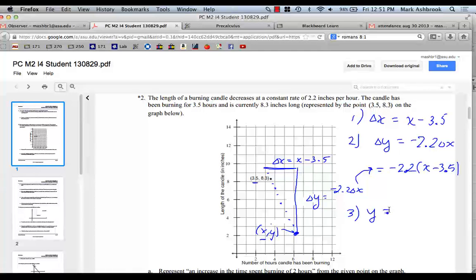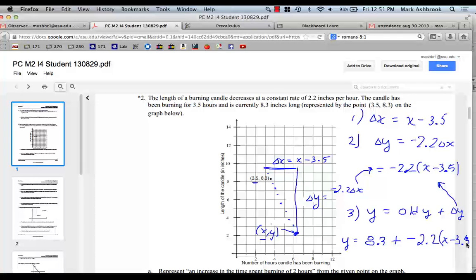The last principle was: writing the equation of the line means we want every y, which is like our new value of y. What did we say was the old y plus the change in y? And now we've got that, there's the change in y. We started at this point, so what was the old y? 8.3 plus, and delta y is negative 2.2 times x minus 3.5.